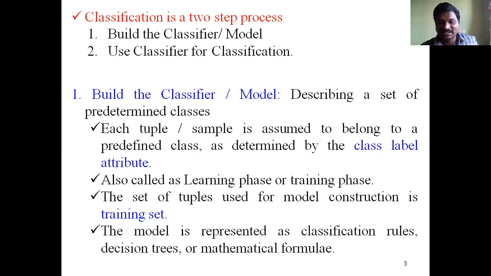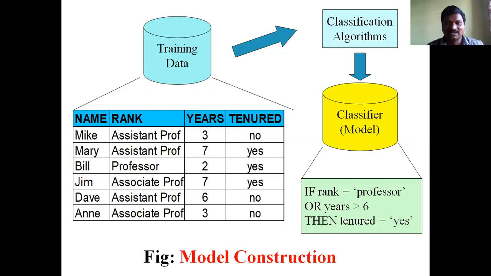The model is represented as classification rules. Here you get the model, and you call it classification rules, a decision tree, or a mathematical formula. Here I am taking some training data: name, rank, years, and tenure, yes or no. For example, Mike, assistant professor.